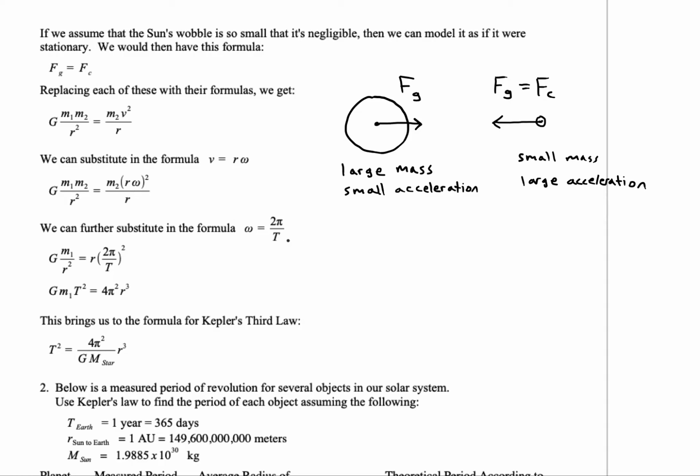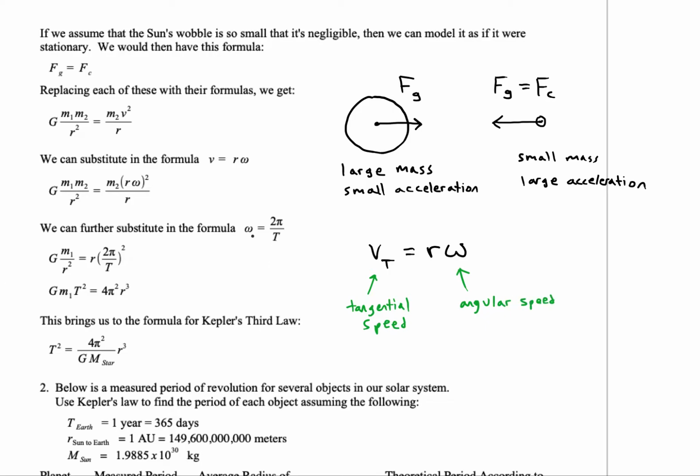All right, and we have this relationship that the tangential speed of an object is given by r times omega, where this is a tangential speed, it's called, and this guy here is an angular speed.